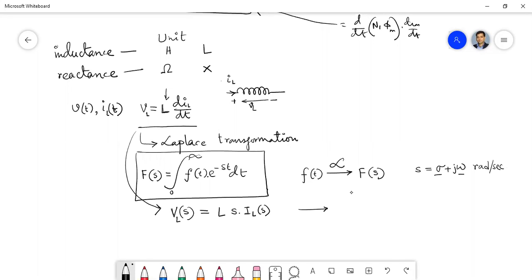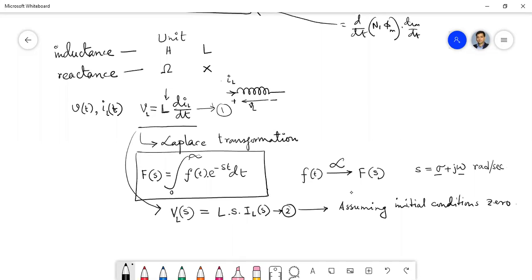So here we have assumed initial conditions to be 0. So this same equation, after Laplace transformation, we have this expression where s is equal to sigma plus j omega.